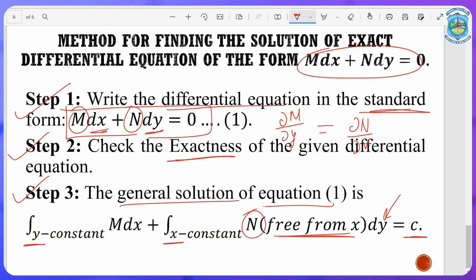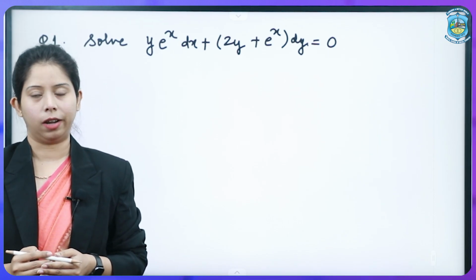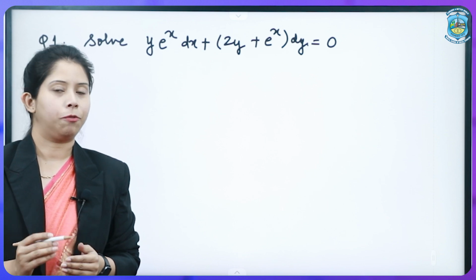So, the general solution is given by the formula integration of M dx treating y as constant plus integration of N where terms are free from x, integrated with respect to y, treating x as constant. To have a better understanding of the topic, let us practice a few questions.